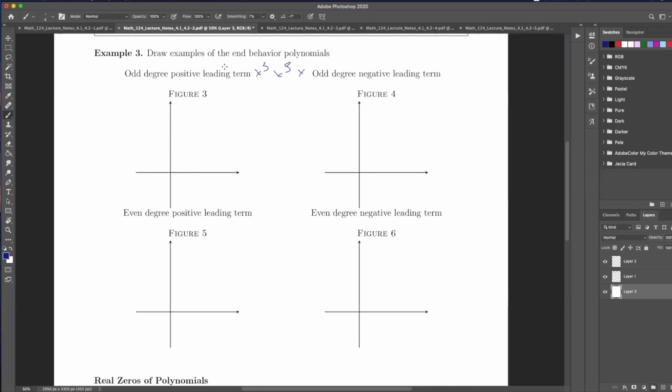If it has an odd and positive leading term, then negative values will be negative, right? So x like -10 cubed is -1,000. And then positive values should be positive.